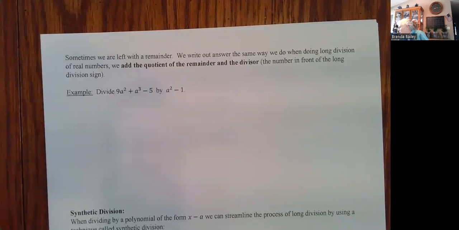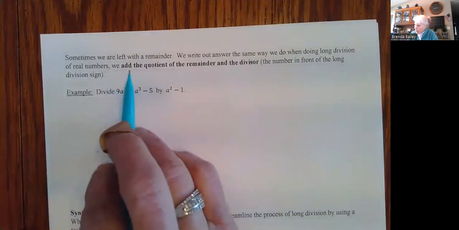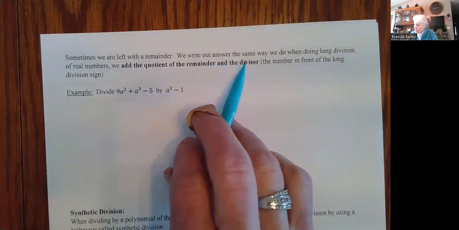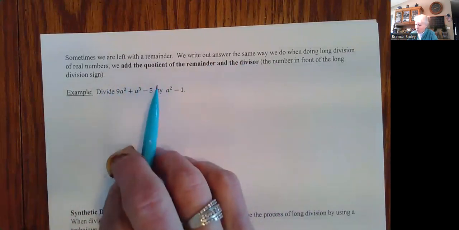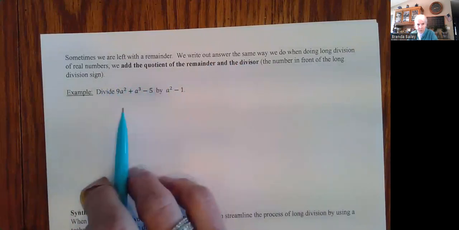I don't think I made a mistake on that second one, but all right. Here we write out the answer the same way we do when using long division of real numbers. So this is just kind of a different one with the remainder.